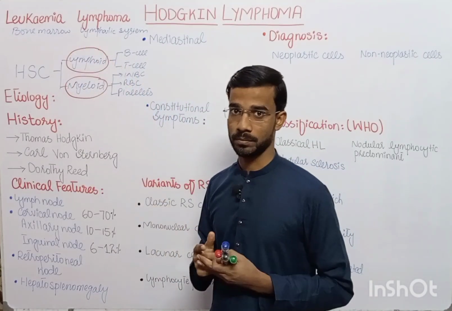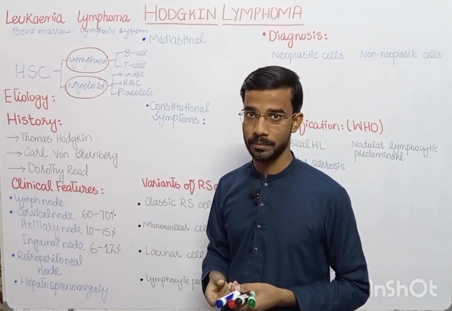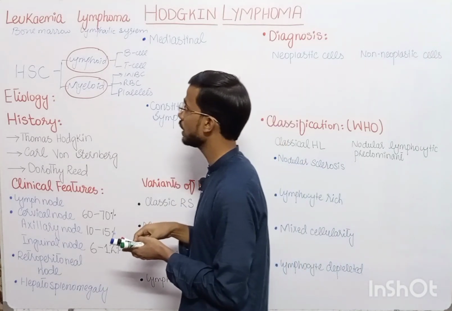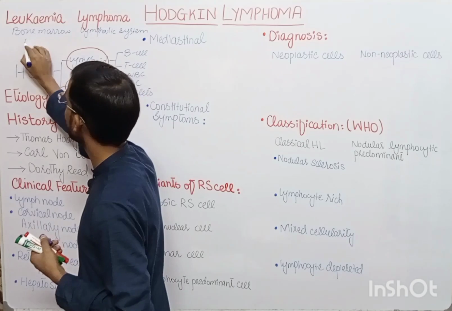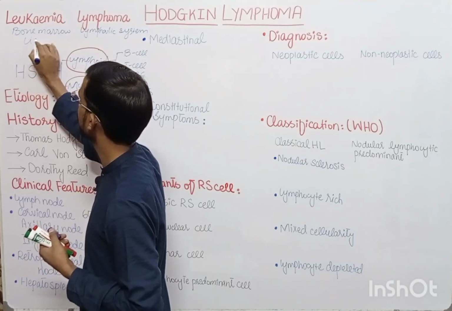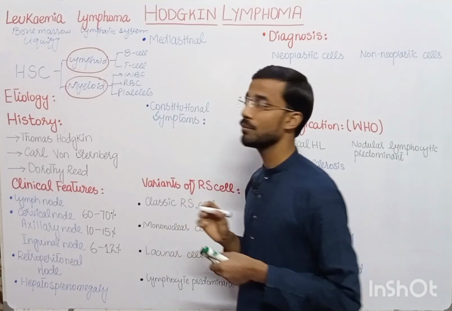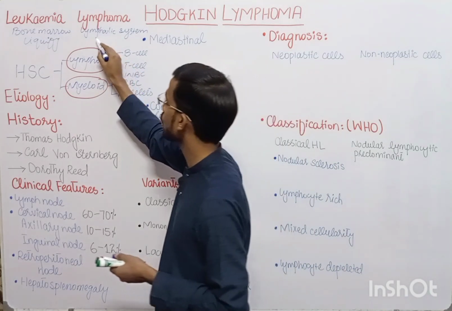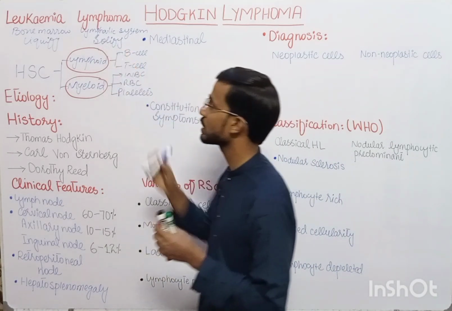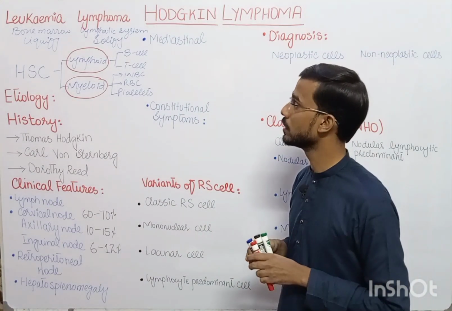From the bone marrow, the cells are released into the blood, and on this basis we call it a liquefied state. Lymphoma is basically a solidified state. This is actually a solid mass deposited in the lymph node.